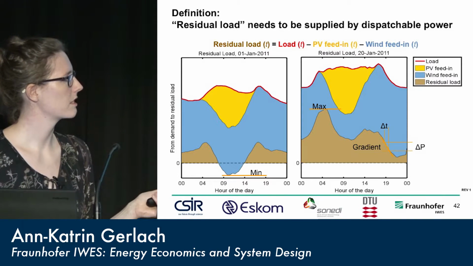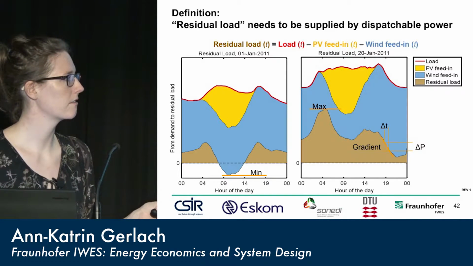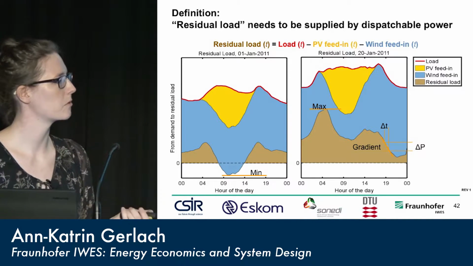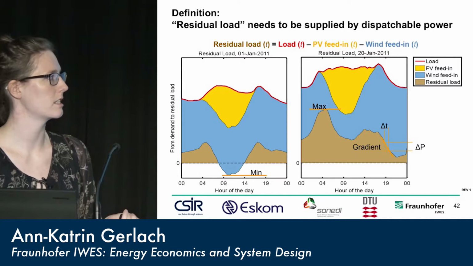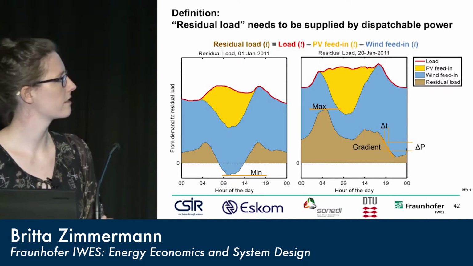But what's important as well are the gradients, because you need a power plant which can react on the gradients that are produced by PV and by wind. That's why we also often look at the gradients in the slide.